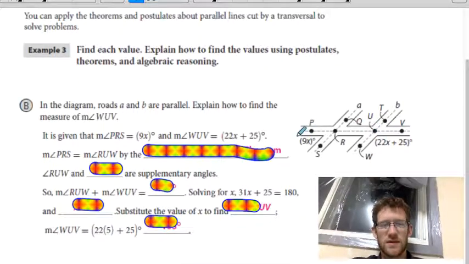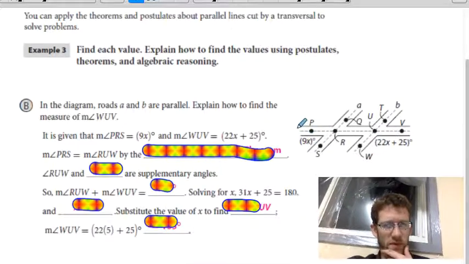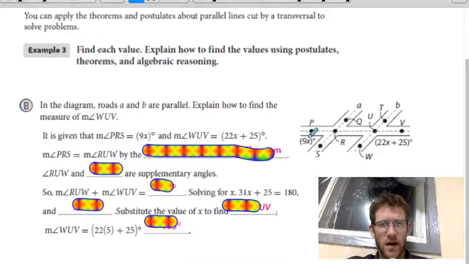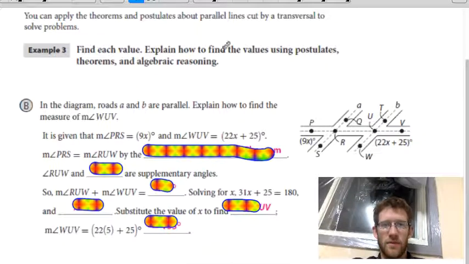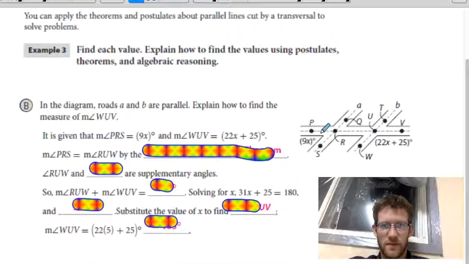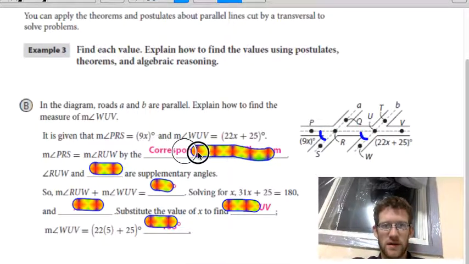How are we going to do this? Can we just set these equal to each other? Well, no, it's a little more complicated than that. We have to come up with an equation with x, solve for x, and then plug it in. We know that PRS, this one here, and RUW, this one here, are corresponding angles, right? So therefore, they are equal to each other.